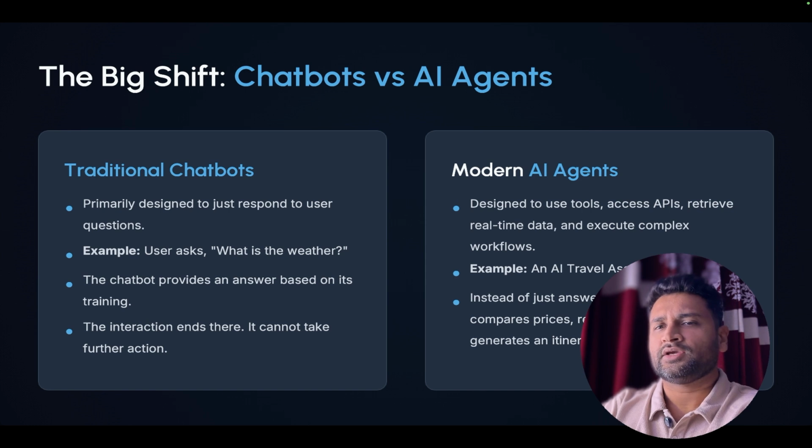An AI agent can use tools, access APIs, retrieve information, execute workflows, and perform multiple actions. For example, imagine an AI travel assistant. Instead of only answering the question, it could search flights, compare prices, recommend hotels, and generate an itinerary. That's why Microsoft is investing heavily in AI agents.